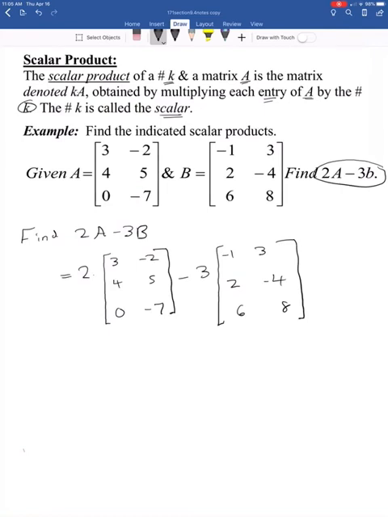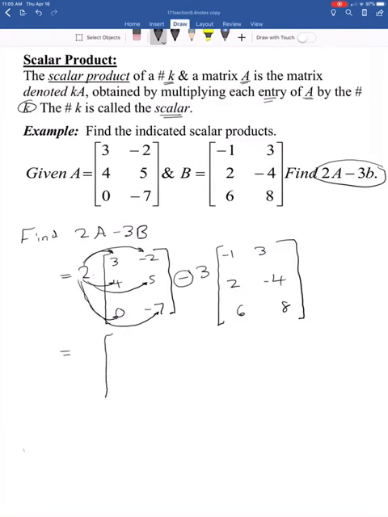All right, well, we've got a couple operations. We've got a couple scalar products, and we've got a difference of matrices. So eventually we're going to subtract corresponding entries. Let's go ahead and take care of the scalar products. So as we look at scalar 2, we're going to begin to distribute. So here's where we've got to multiply through to each entry.